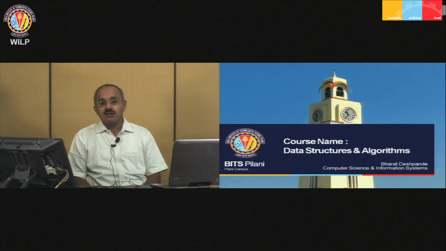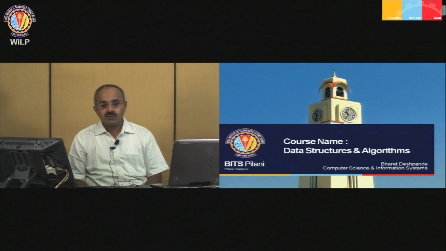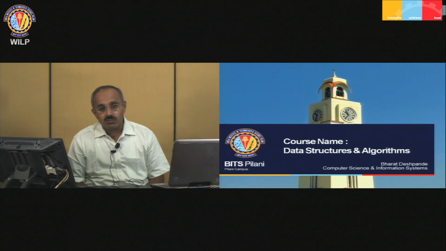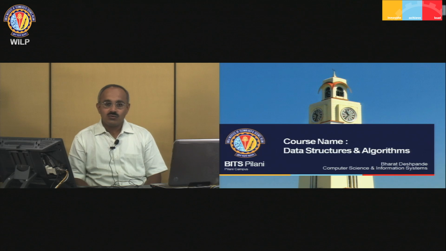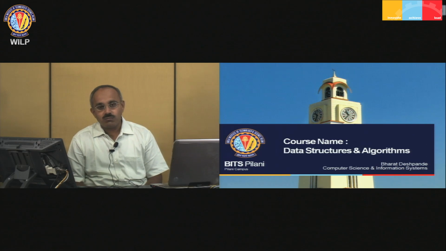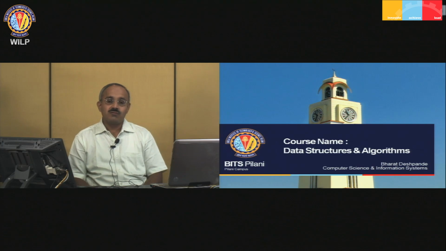Probably at school level we start writing programs. Programs are essentially something that computes something. It could be a program to compute the average of numbers, or the roots of a quadratic equation, or maybe something more complex.